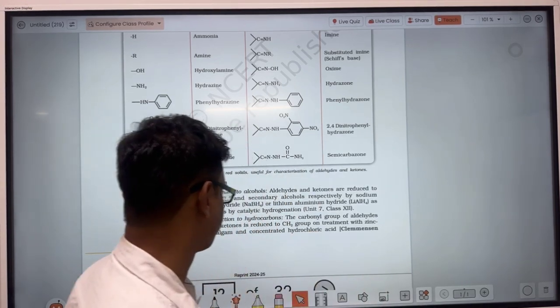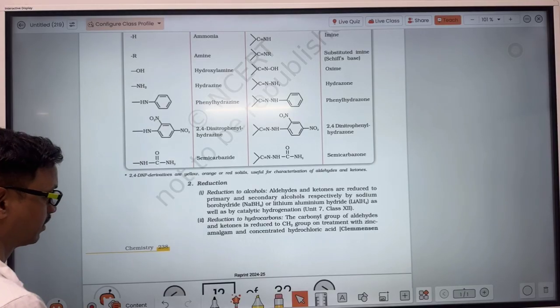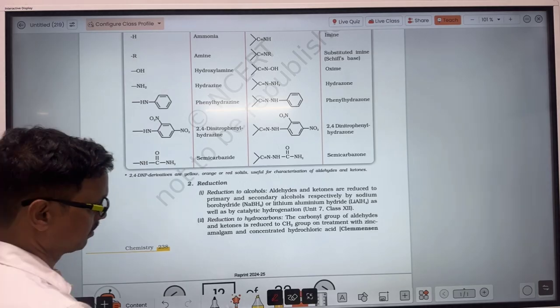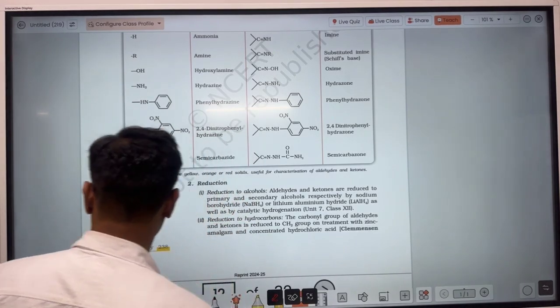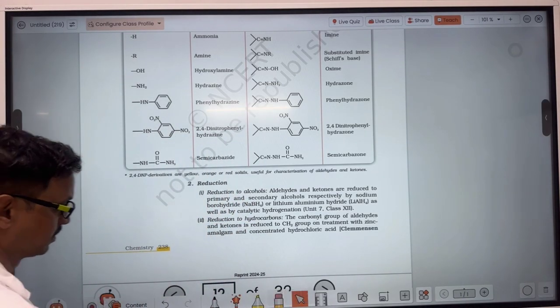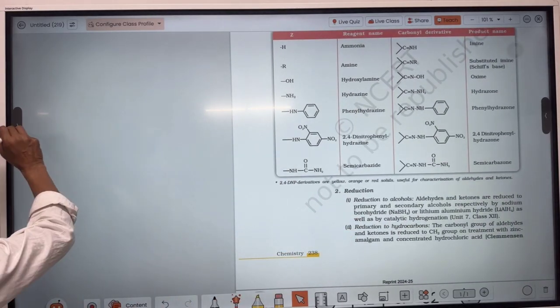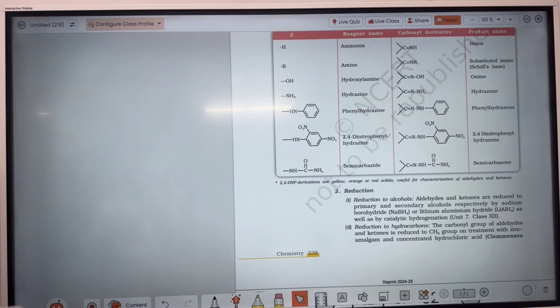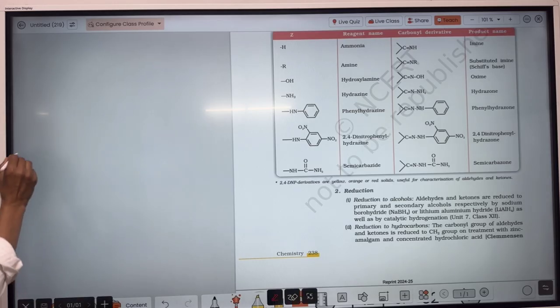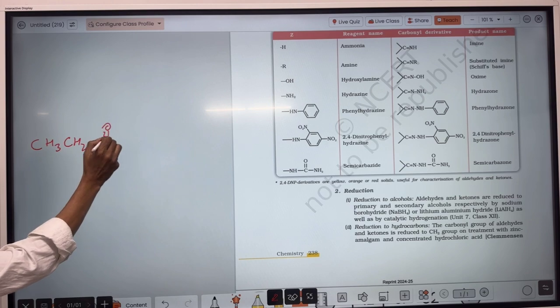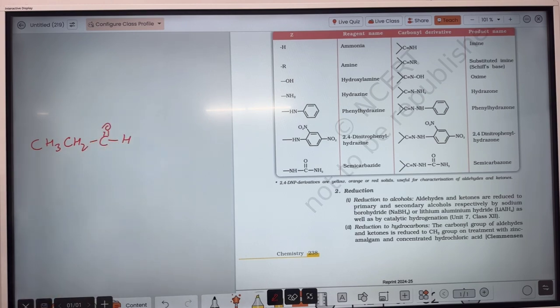Let's see here. CrO3 is an oxidizing agent, while LiAlH4 and NaBH4 are reducing agents. So let's see about that reaction. I have already taught you in the chapter of alcohol, but here I am just doing it.